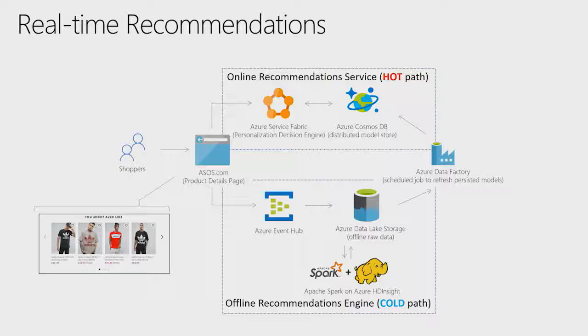And as a user comes into the product details page, it's going to hit your decision engine. In this case, we're hosting the decision engine on Service Fabric because it's easily scalable and it's highly reliable. It's going to make a very, very low latency query to Cosmos DB to understand who this user is. It's going to do the computation on what the recommendation is, and then it's going to immediately spit back out onto the product details page.